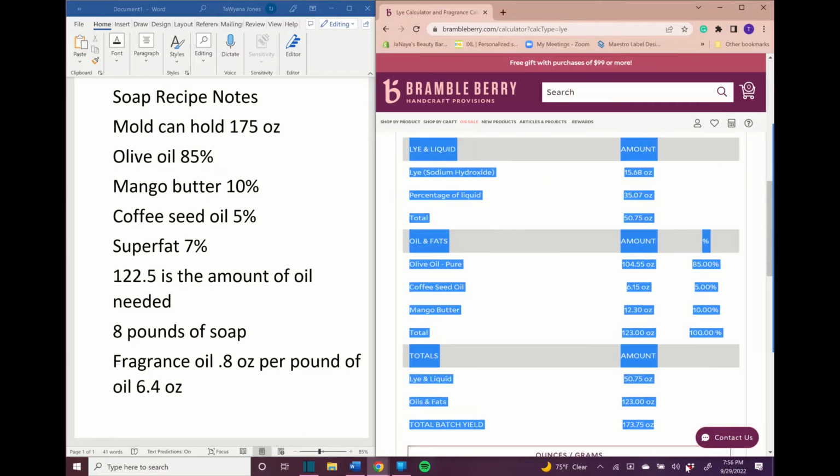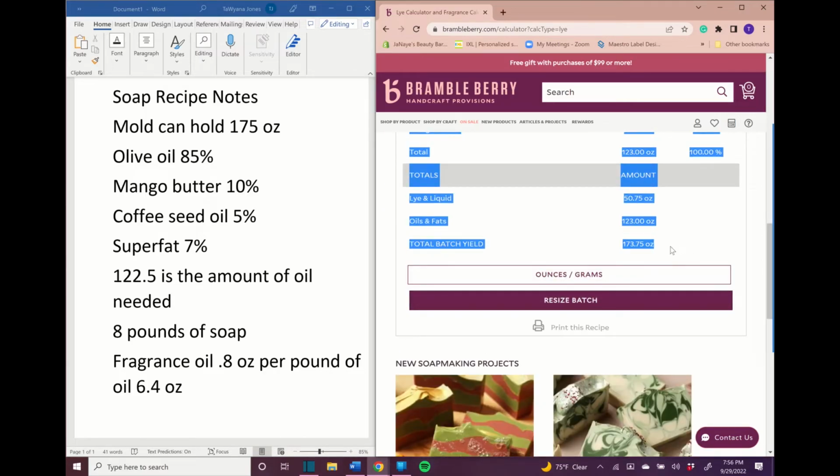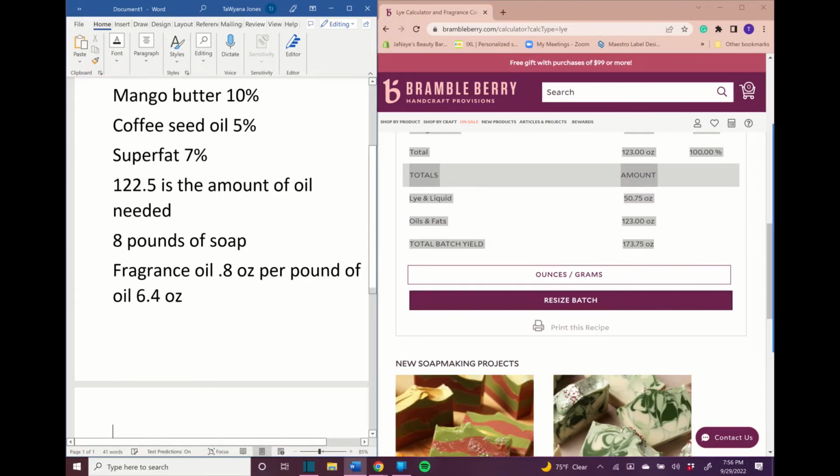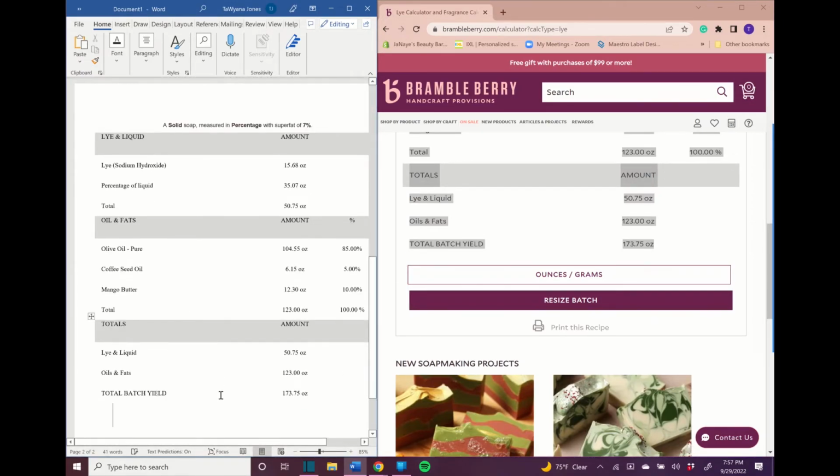I just highlight all of this information, copy it, and put it in a Word document, because I like to keep my recipes on paper. So I have them printed out, and I also have a digital file of all of my recipes. This will be saved into my digital file, and I'll have a printed copy saved into my paper file, and everything is all good.